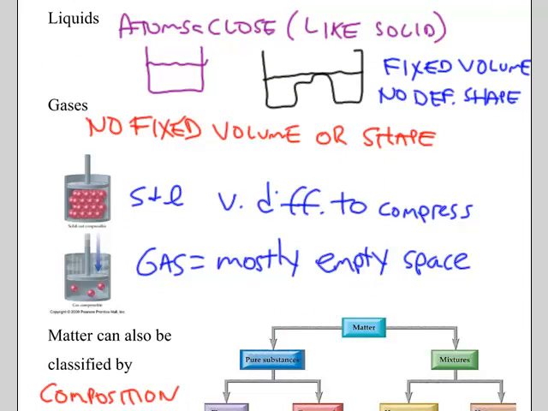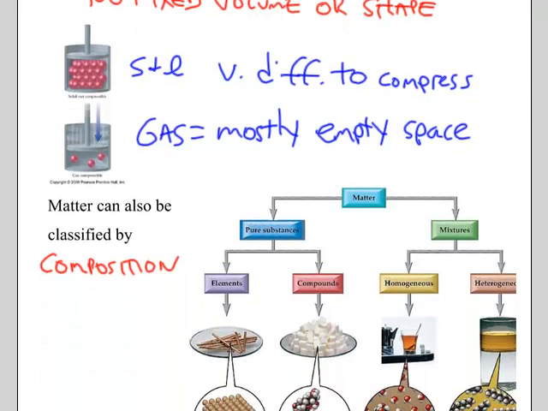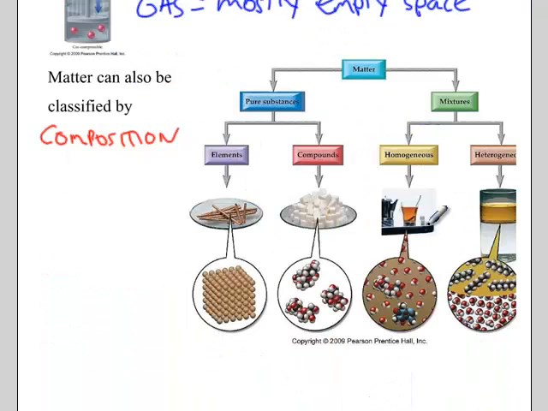So looking back at this diagram, here's some more examples. So on the left, on the pure substances, an element, what they're trying to show here are two different pictures, macroscopic and microscopic. This is showing iron atoms together, and this is in the shape of a solid. So iron is capital F, lowercase e, it's in a solid.